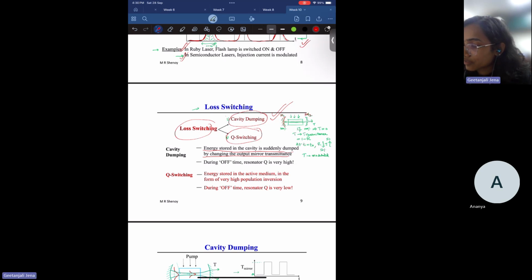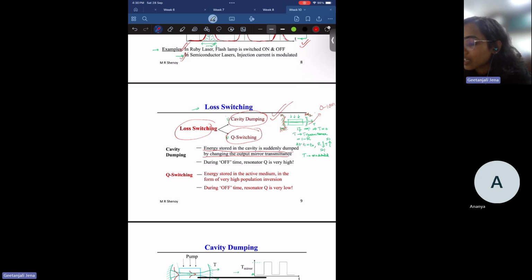The reflectance of the first mirror is 100%, and the reflectance of the second mirror can be varied from 0 to 100%. Depending on the reflectance of these two mirrors, the energy stored in the cavity will change. If the reflectance is high, the energy stored in the cavity is high, but when the reflectance is low, the energy stored in the cavity is low.